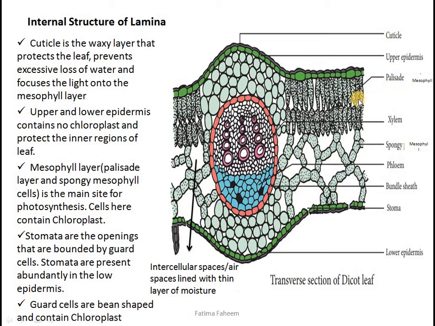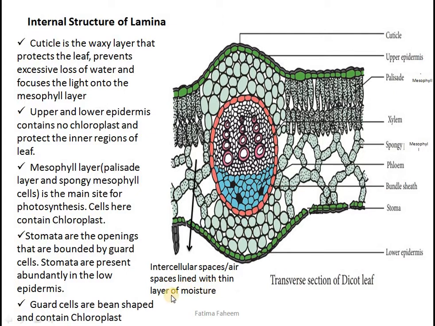Here photosynthesis takes place because palisade mesophyll cells contain the maximum number of chloroplast, and spongy mesophyll cells do contain chloroplast as well. And as you can see, the spongy mesophyll cells also have air spaces between them, which are called intercellular spaces or simply air spaces.